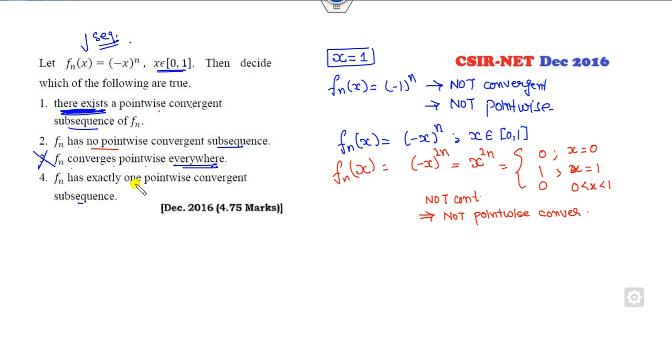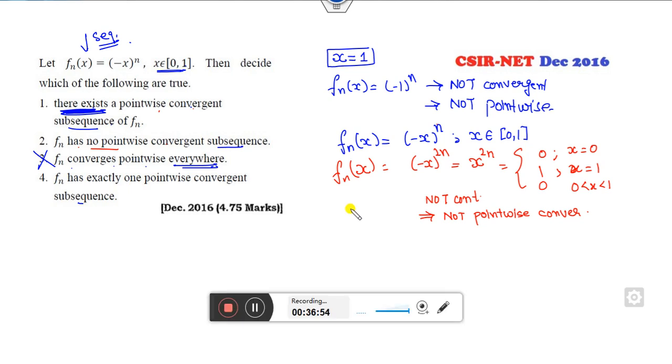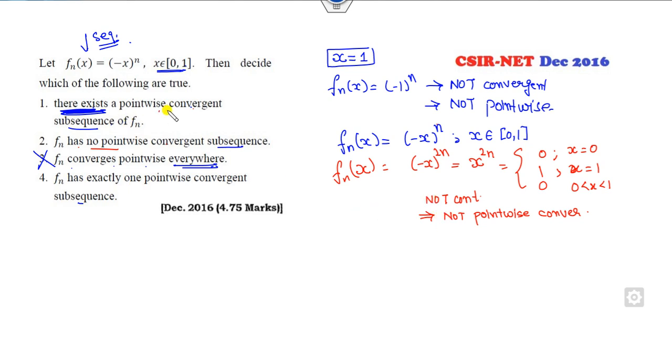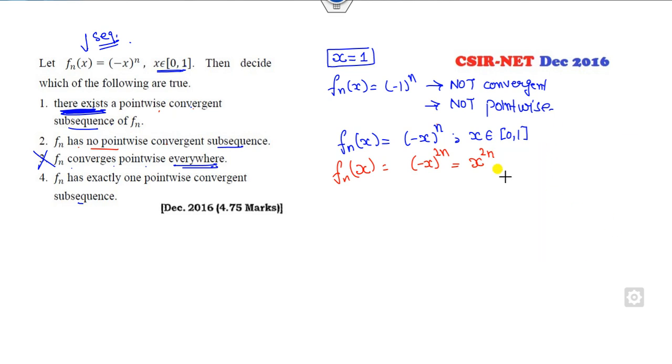How can you say it is not continuous? Fine. This is pointwise. This is the function. Oh, fine, my mistake. Now, how can you find the pointwise limit? We have to take this as a limit.